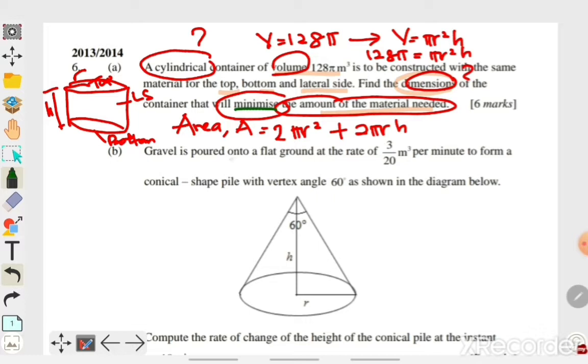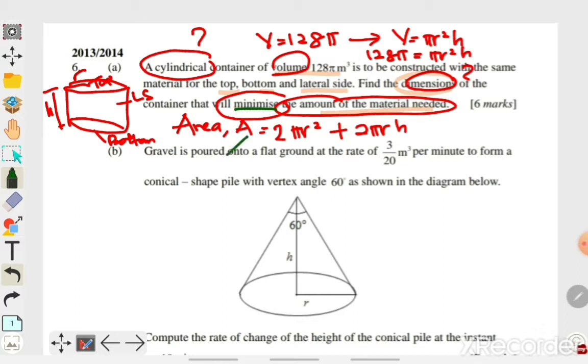To construct this cylindrical container, we have to consider the area of the cylinder, with r and h. To find the maximum or minimum, the extremum, we have to differentiate the formula of area. So how do we differentiate this formula? We must make sure that the equation is in terms of one variable.